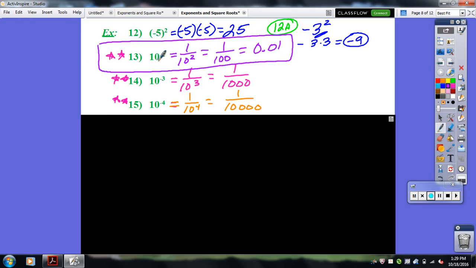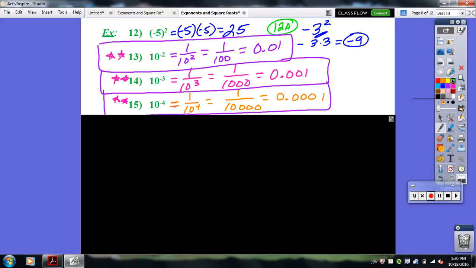You need to know how to go from this to this to this to this, particularly for your test. Please do what I just did for number 14 and again for number 15. So that's tenths, hundredths, thousandths, 10,000ths. Again, these you should have committed to memory.